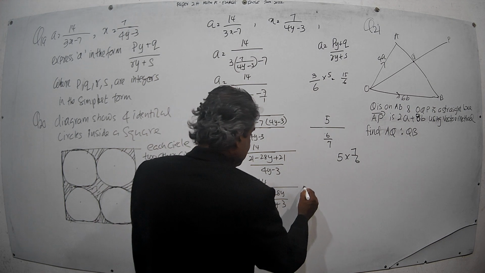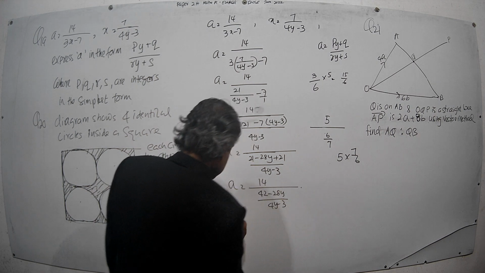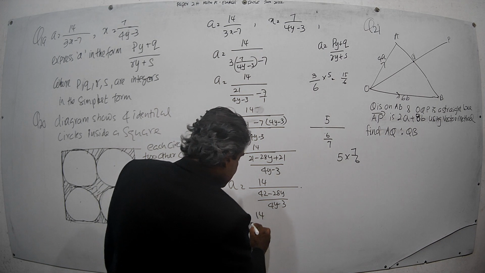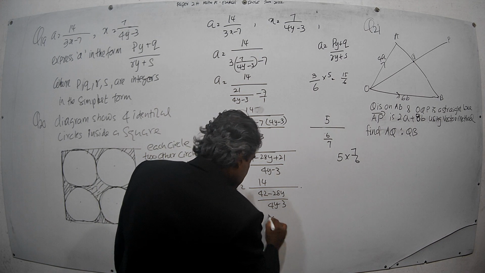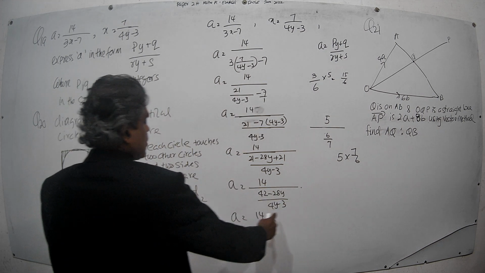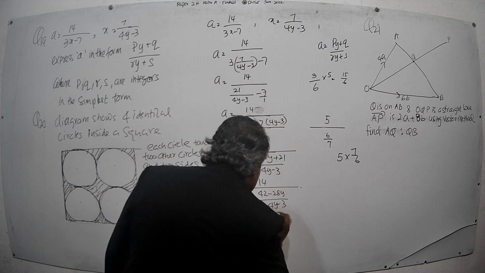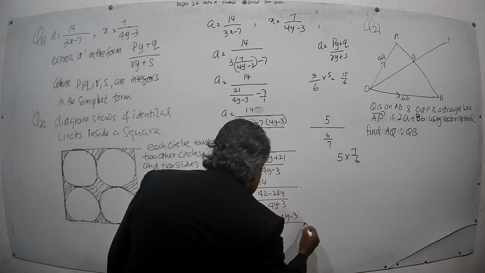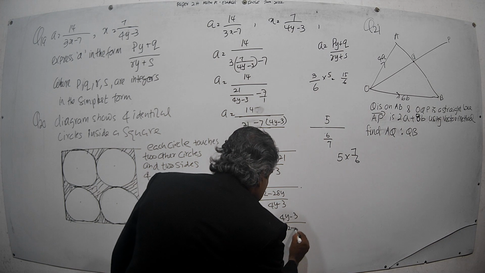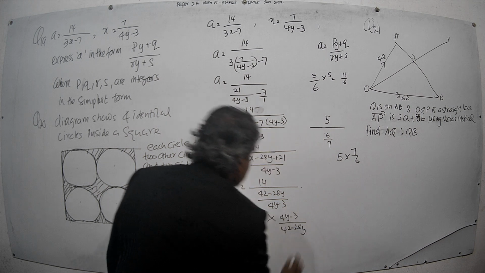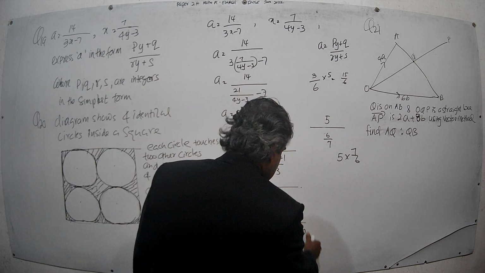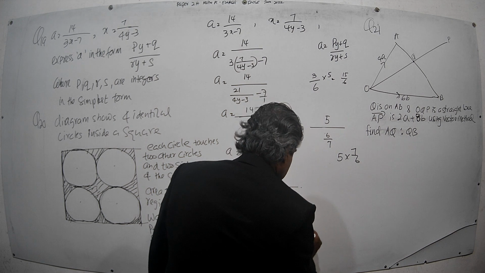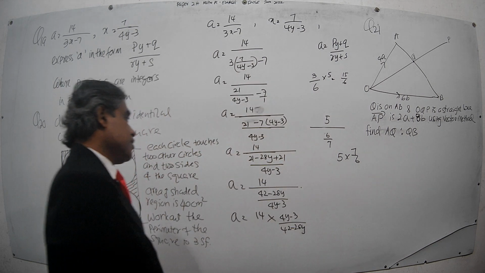A equals, then 14 into, then this turns upside down, that is 4y minus 3 over 42 minus 28y, like that. Okay. Right. Okay.